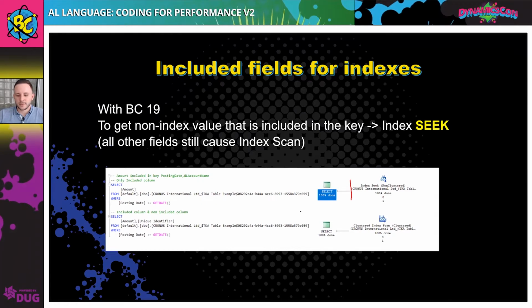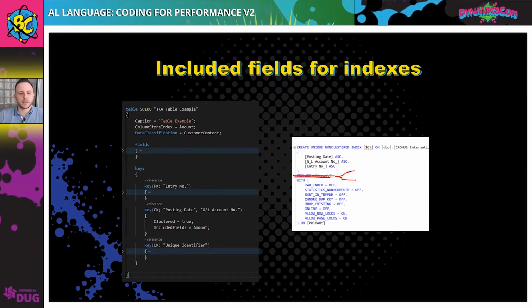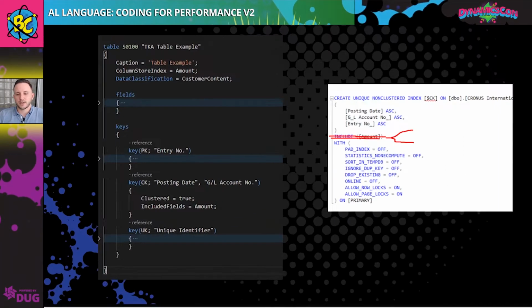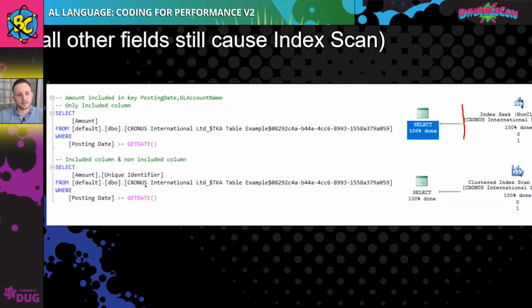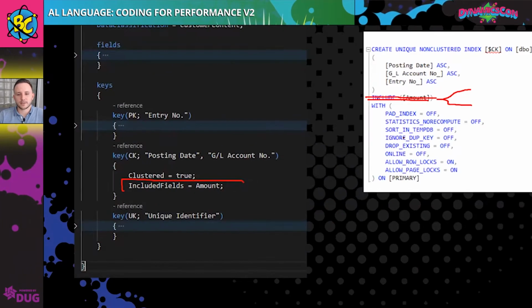So if you can cover all the fields that you need for your processes. For example, this process will be something like list all records with their posting dates, GL accounts, numbers, and amounts. Then you can create a key like this.